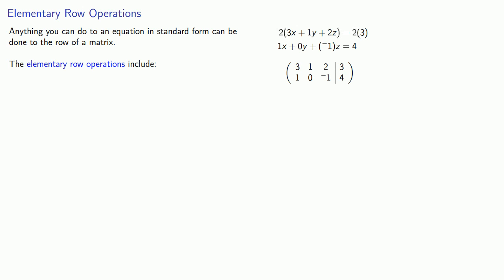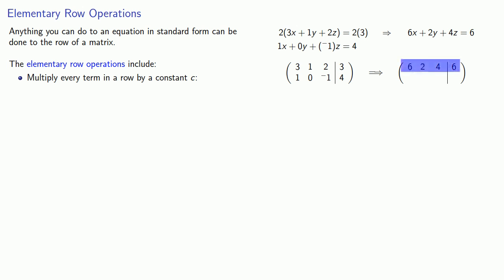This has the effect of multiplying every coefficient and the constant by the same number. Since every row of the augmented coefficient matrix corresponds to an equation, what we've done corresponds to multiplying every term of a row of the matrix by a constant. This means we have a new row with the new coefficients and constants.